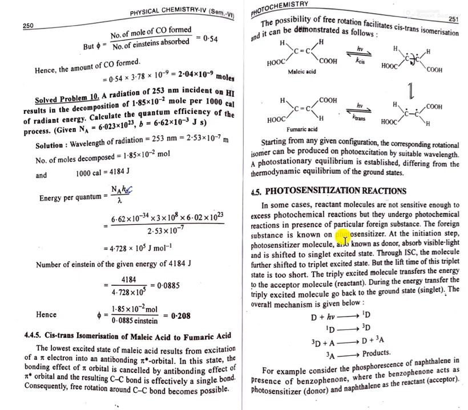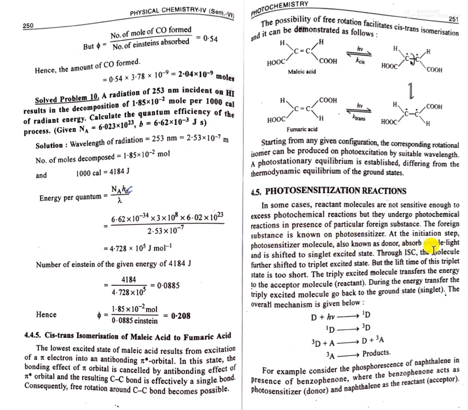In many cases, reacting molecules cannot directly interact with the photon. So the presence of a photosensitizer molecule, a foreign substance, can make the reaction possible. This foreign substance is known as a photosensitizer, and this molecule is also known as a donor.